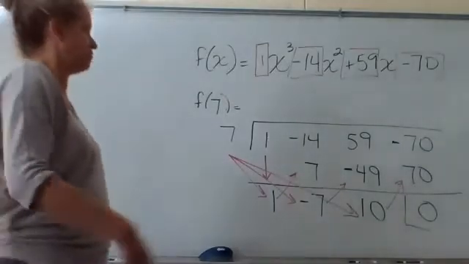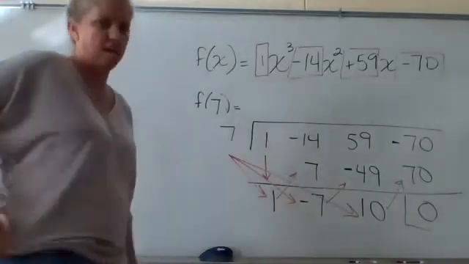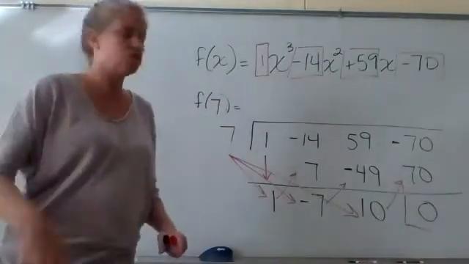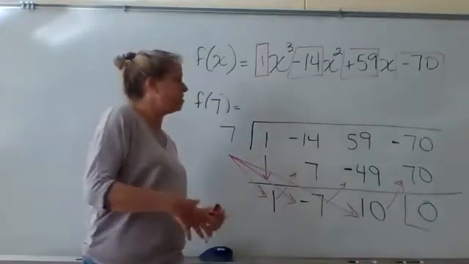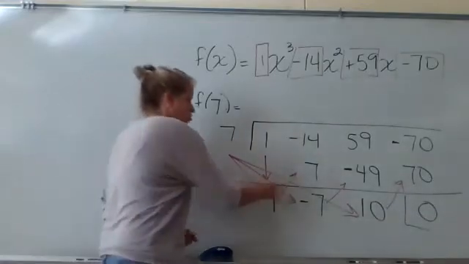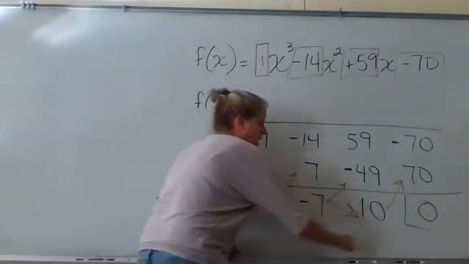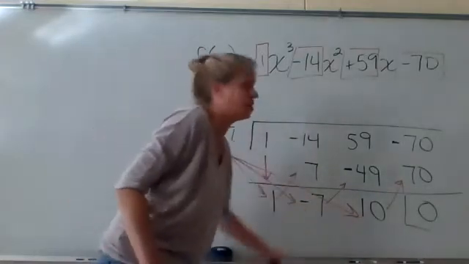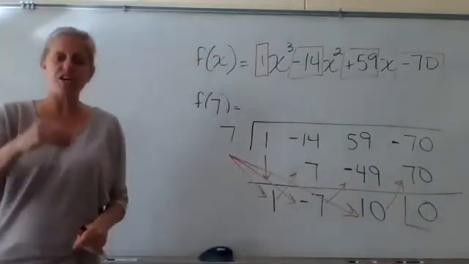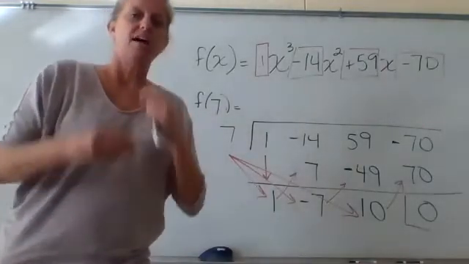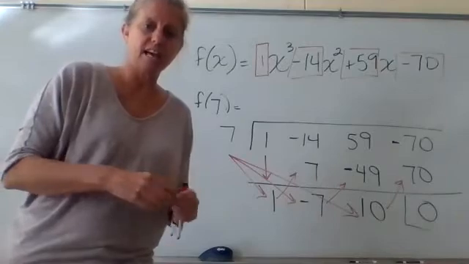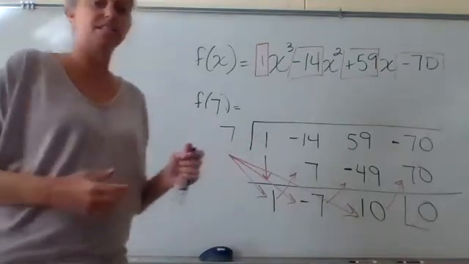Now, here's the benefit of synthetic division. Instead of just saying, why didn't I just plug that in? Which is essentially what you're doing. The benefit of synthetic division is what you have left over right here. What is left over is the coefficients of the polynomial that's left after you factor out the 7.